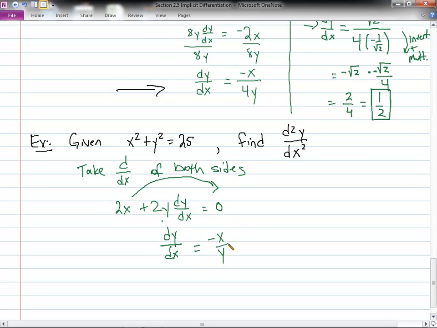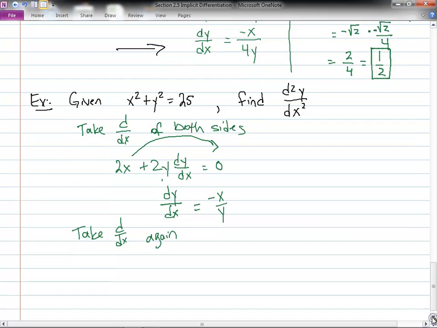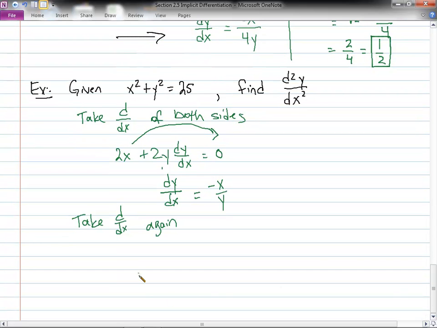Now take d/dx again. I'm going to write it out this first time, but you don't generally have to do this. Taking d/dx on both sides.